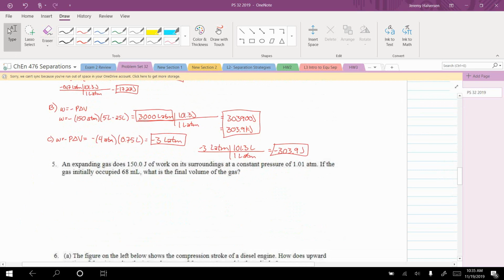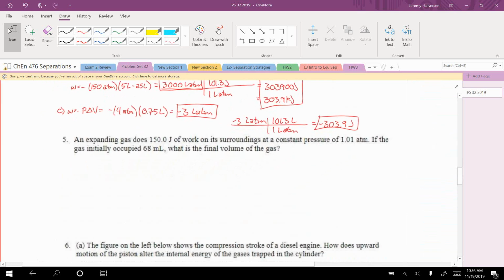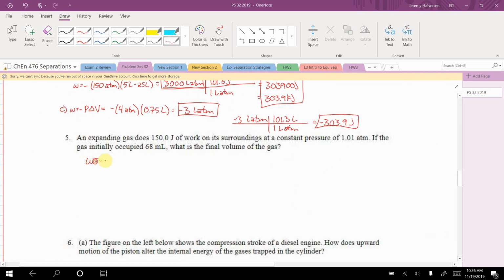All right, an expanding gas does 150 joules of work on its surroundings at a constant pressure of 1.01 atmospheres. If the gas initially occupied 68 milliliters, what's the final volume of the gas? So in this case, we still are doing work equals negative P delta V, but in this case, we know the work.